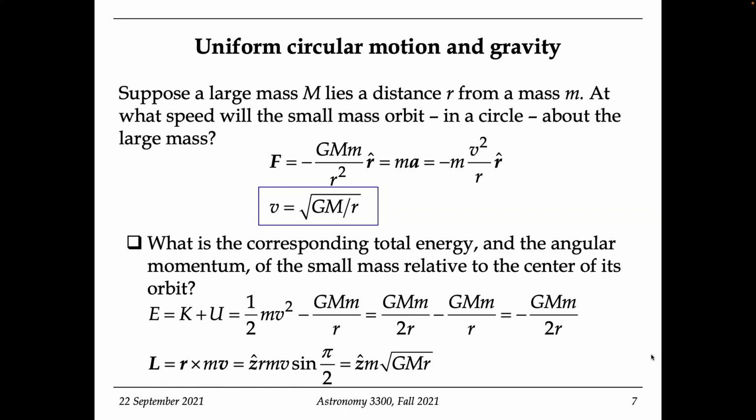What's the total energy? Well, we like this. Familiar with this formalism? K for kinetic, U for potential. So K, we have 1/2 mv squared. It's a positive quantity. U, we already showed, is a negative quantity. Okay, so what's the total energy in the system?